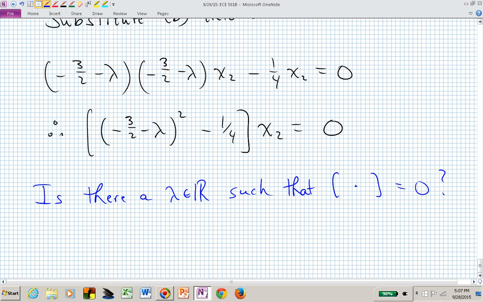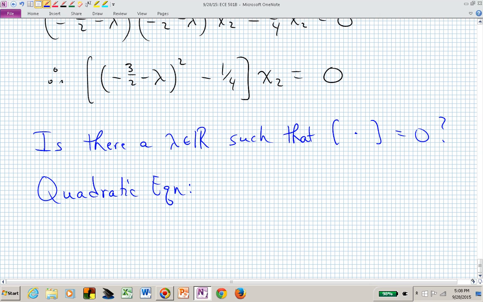That's really just a quadratic equation in lambda. We could say, when is minus 3/2 minus lambda squared minus 1/4 equal to 0? Or when is that quadratic factor equal to 1/4? I'm going to solve it a little differently than what you might. I'm not going to multiply it out and use the quadratic formula. I now have minus 3/2 minus lambda squared equal to 1/4.